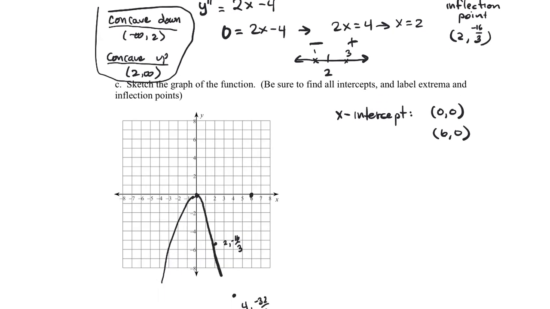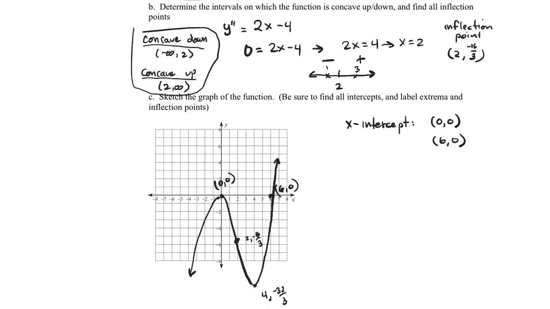So we decrease from 0 to 4, and then we increase again from 4 to infinity. And let's check here. We should be concave down here from negative infinity to 2, but then from 2 to infinity we're concave up. Well, it looks like we have everything: 6 comma 0, 0 comma 0, everything's labeled. And that's the graph.